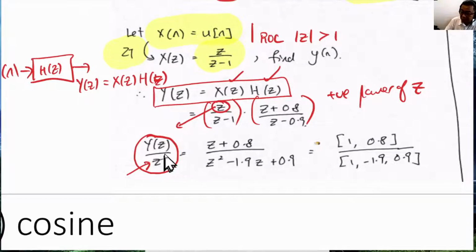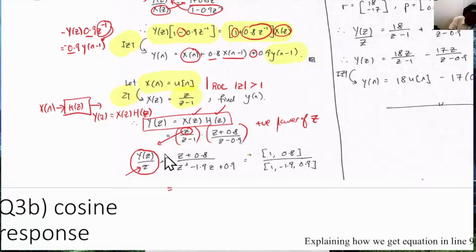Let's now perform the partial fraction expansion to get an expression that looks like A over z minus 1 plus B over z minus 0.9. You will see why these are the values of the poles later.